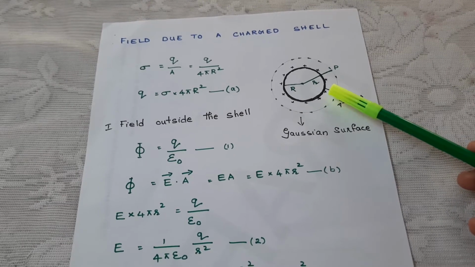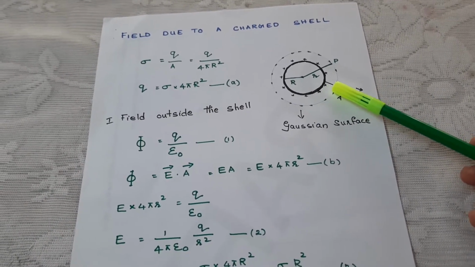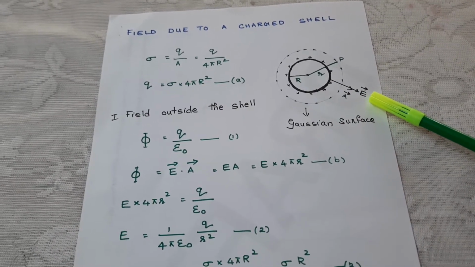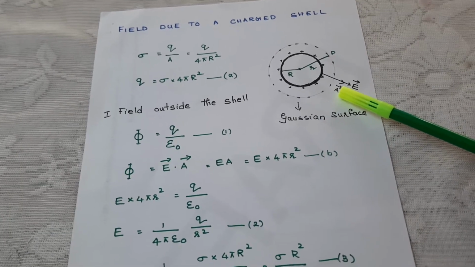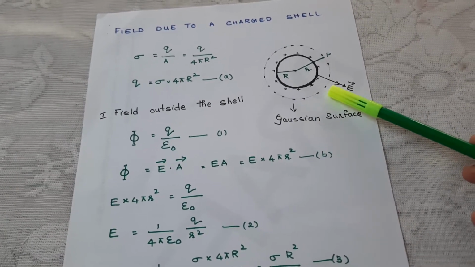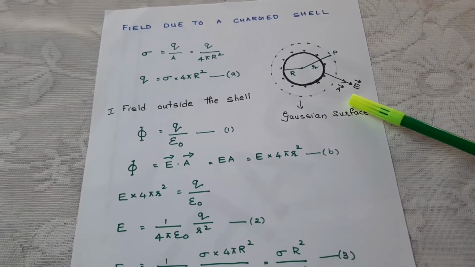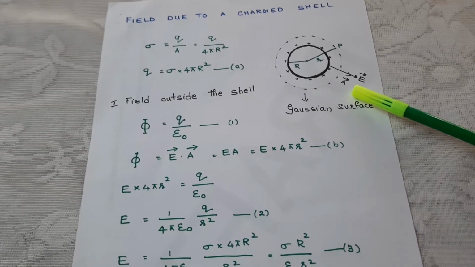The electric field due to the shell acts normal to the surface and radially outwards. The area vector of the Gaussian surface is also normal to the surface and outwards. So both the vectors E and A are parallel.